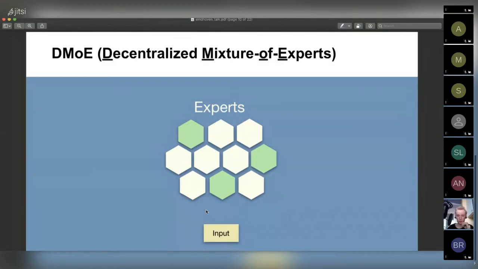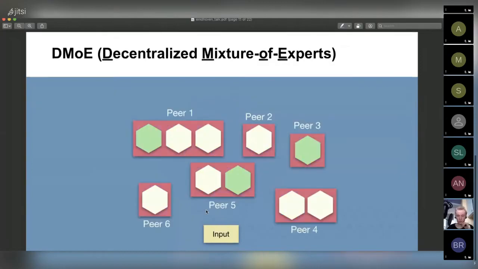And then the distinction between usual mixture of experts and decentralized mixture of experts is that all these experts can be located on different computers with different hardware capabilities. So if you have a computer with low GPU memory, it can host one expert. If you have a computer with large GPU memory, it can host multiple of them.